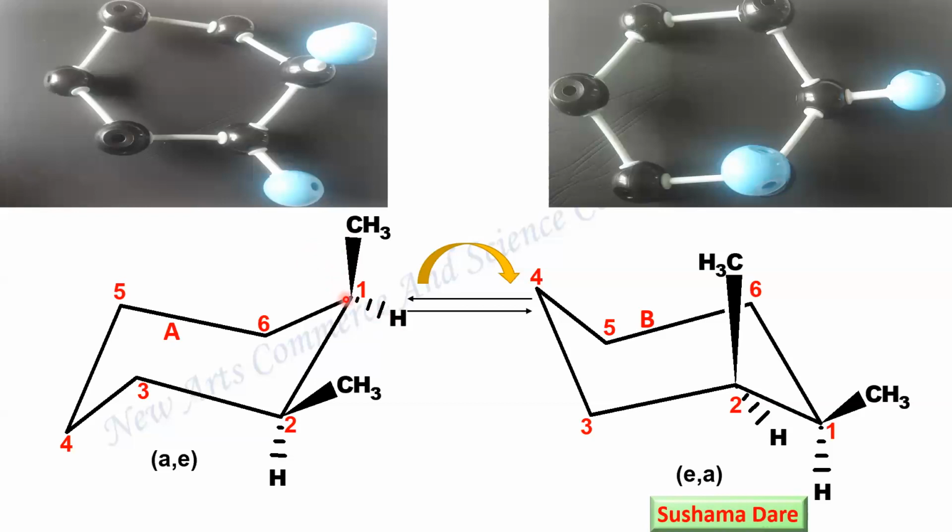The bond which is going in the upper direction is beta. So our methyl group in the first case is beta, so I have written CH3 at the beta position, and here it is axially oriented. Now in the second case, again the methyl group is beta oriented.